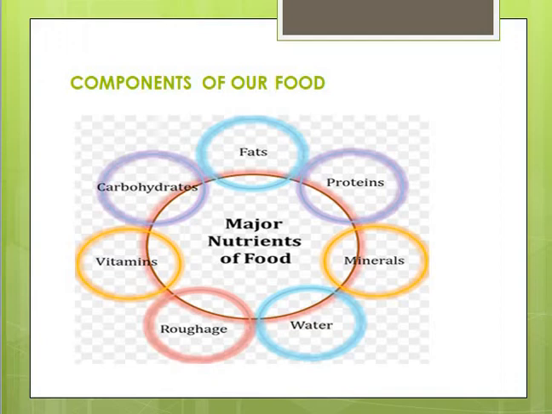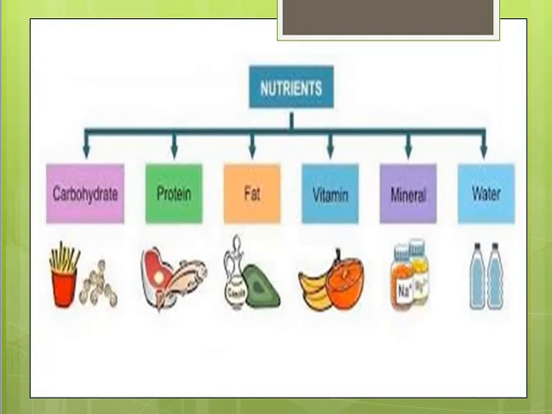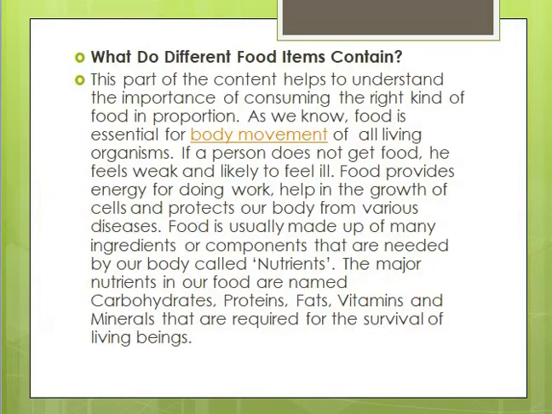So you can see here. Next is the type of food and what type of nutrients they provide to us. This is one of the most important things: what do different food items contain? This part of the content will help you understand consuming the right kind of food in proportion.